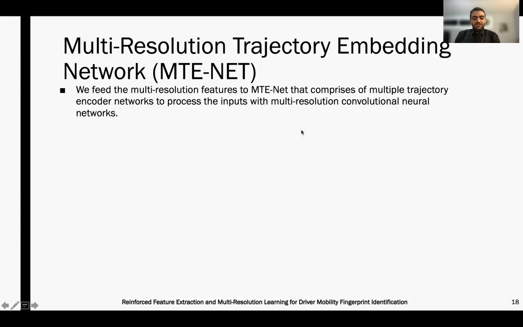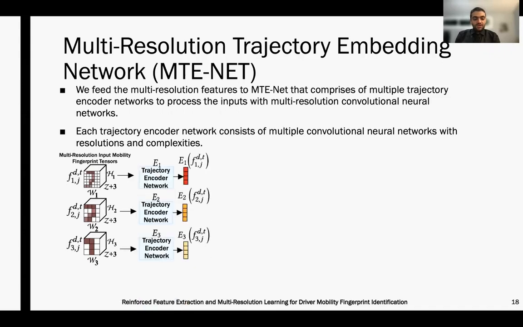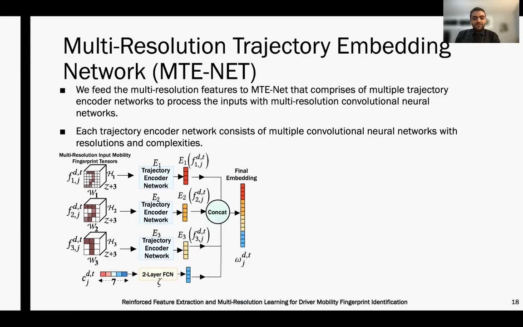After feature extraction, we feed them to our multi-resolution trajectory encoding network, MTNet, which comprises 3 different trajectory encoder networks. So we have features with different resolutions. Each of them is processed by a trajectory encoder network to get the embeddings, and then we also get the embeddings of the weather feature vectors, and we concatenate them all together and use them for driver classification and anomaly detection.